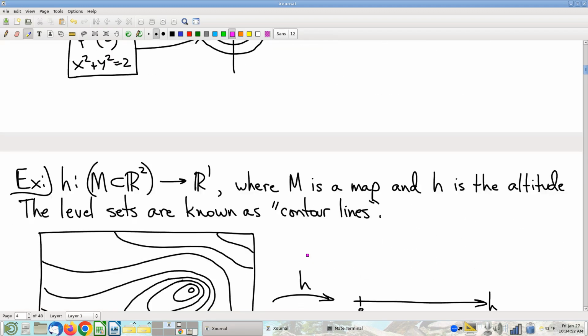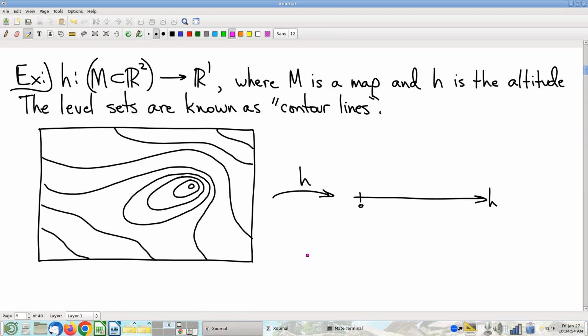Okay, here's an example where y'all have seen level sets previously. At least you may have, may not, but you may have. If you've ever gone hiking, or if you've ever looked at what they call a topographical map, right?